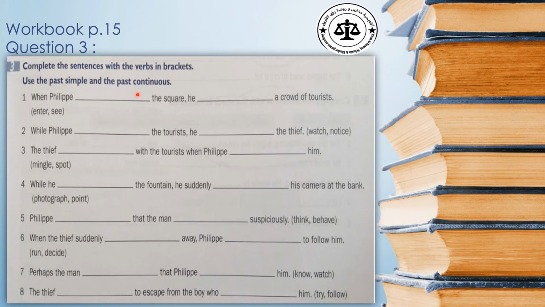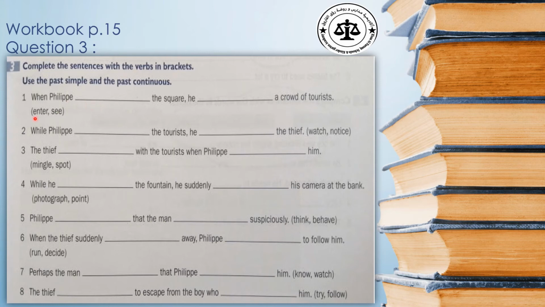Look at the first one. When Philip the square, he a crowd of tourists. We have two verbs here, enter and see. But remember, see is a stative verb, so we don't put ing for this verb. So the answer is when Philip, we have when here, so we have to use past simple.